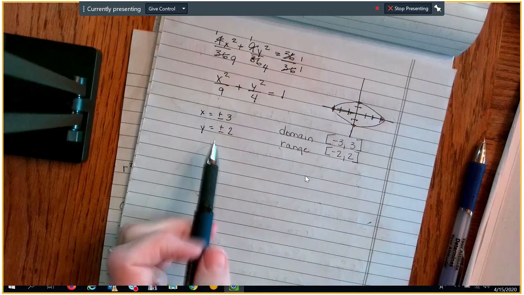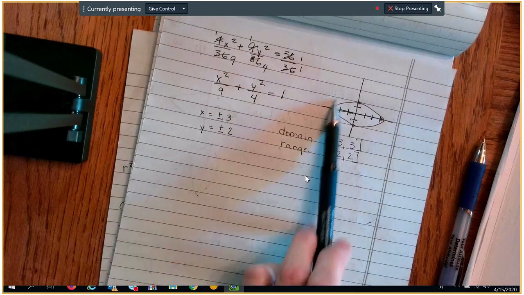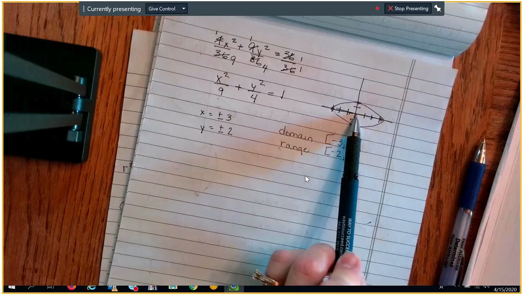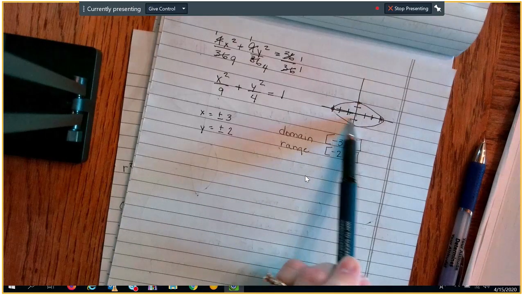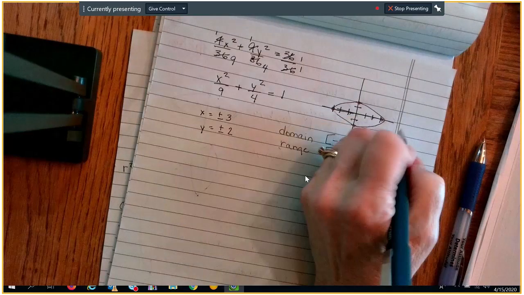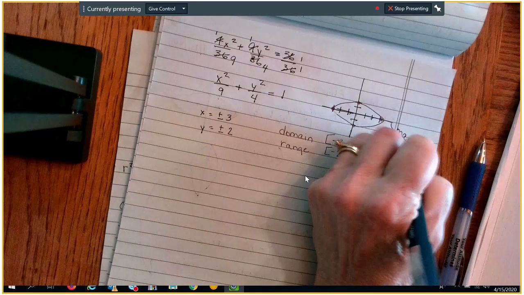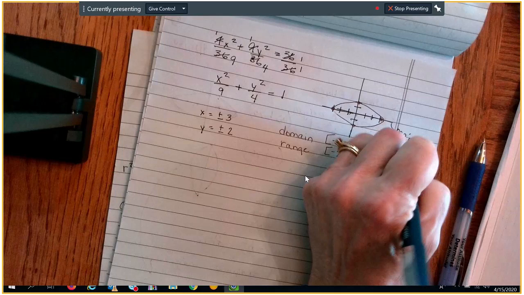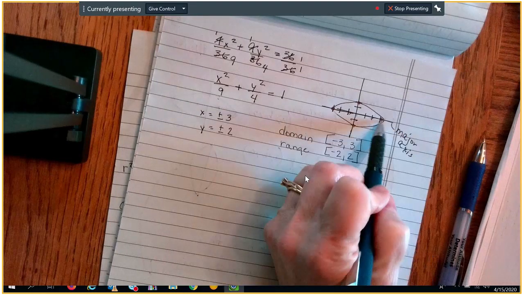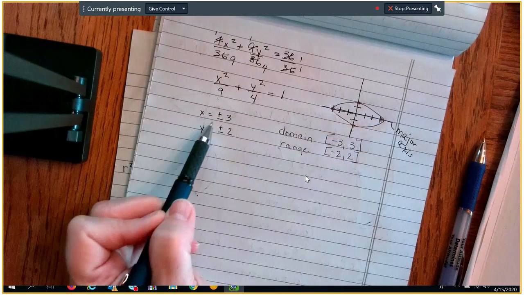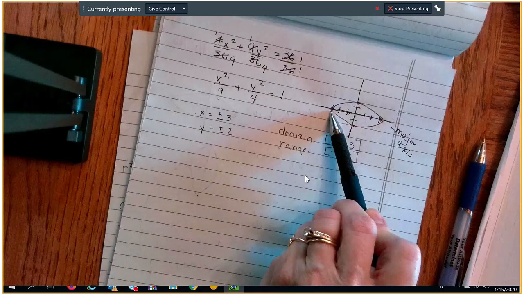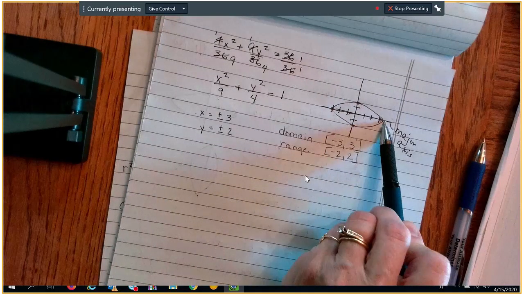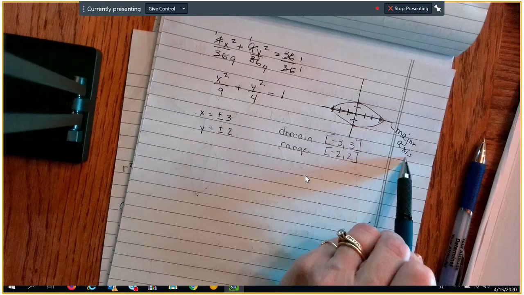Now that tells us our domain and range, and by graphing it, since it's centered around the origin, I know that my x-axis now is going to be my major axis. So I know that -3, 0, and 3, 0 are going to be my vertices. Now I want to know what my foci are going to be.